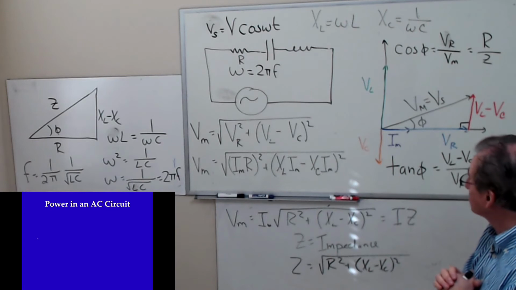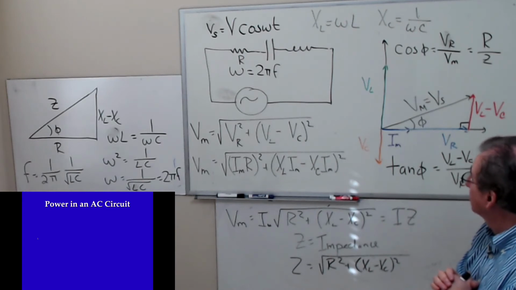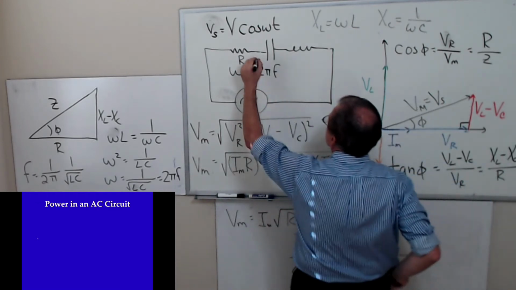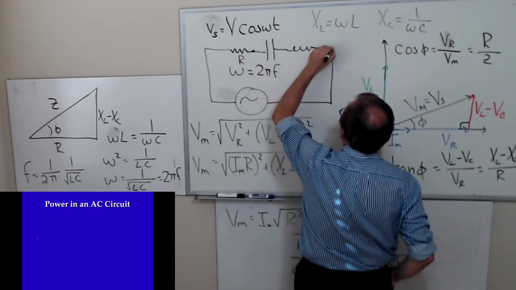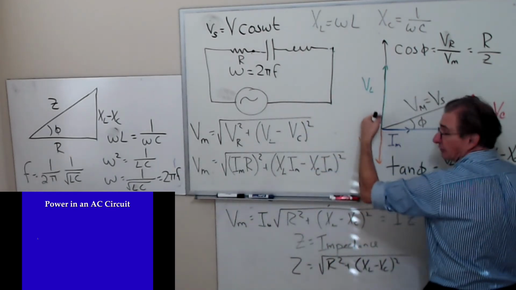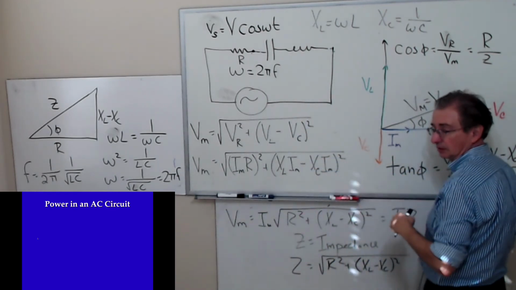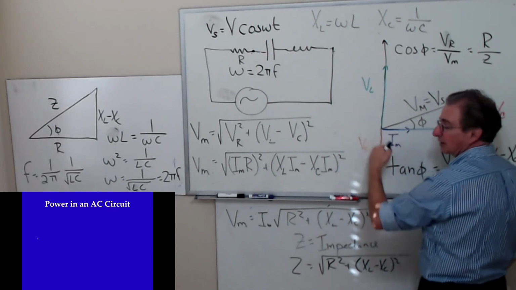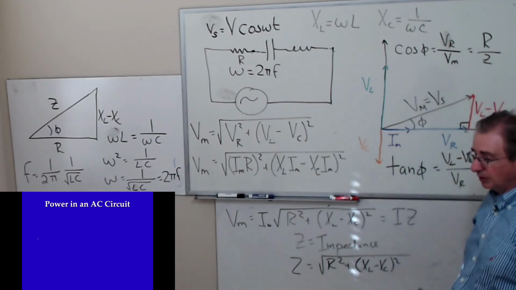So suppose I wanted to find the voltage across this combination. Since they're 180 degrees out of phase with each other, the voltage across them is the difference in these two values. You'll be doing the lab.